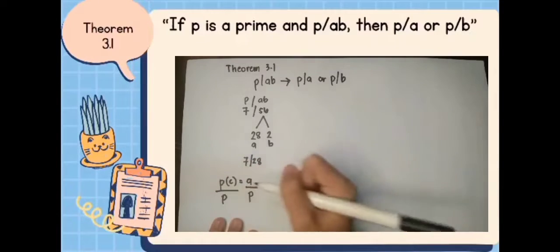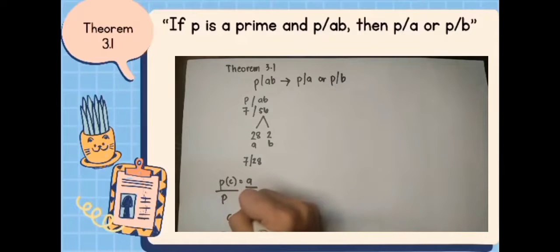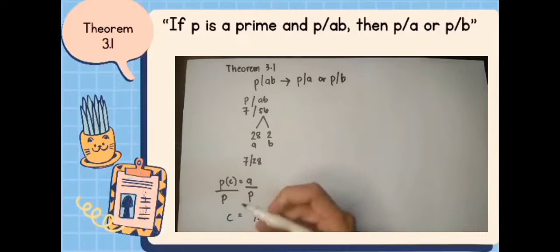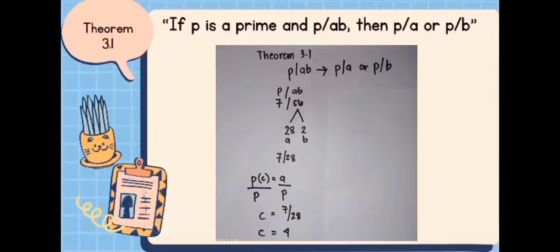We can either use that formula or simply divide A by P to get the quotient, which is a positive integer. Basically, 28 divided by 7 is 4, right? And it is a positive integer. Therefore, we have already proven that P divides A. In that case, we no longer have to proceed, because we have to put emphasis on the statement that is "or." If we have proven P divides A, then we no longer have to prove P divides B.